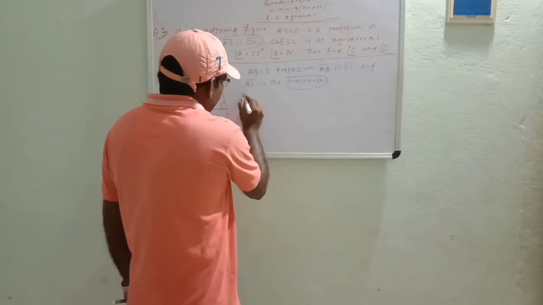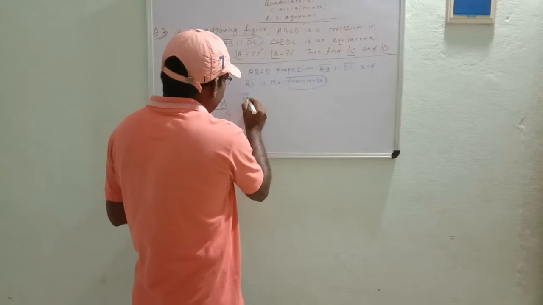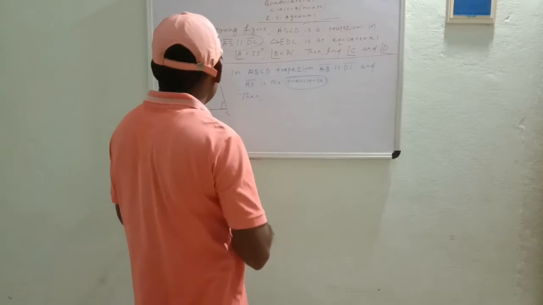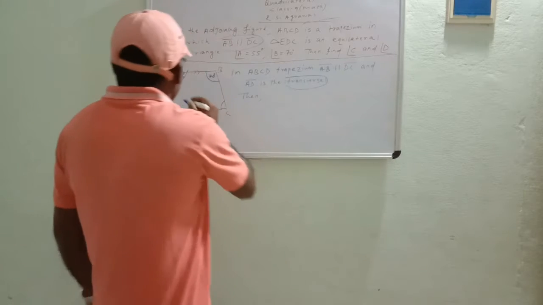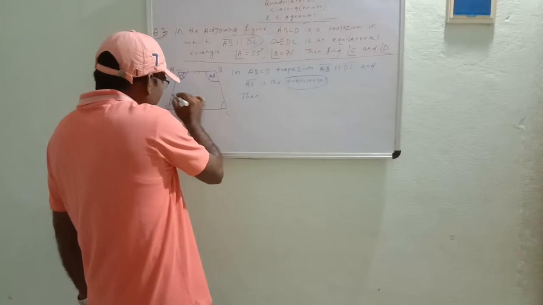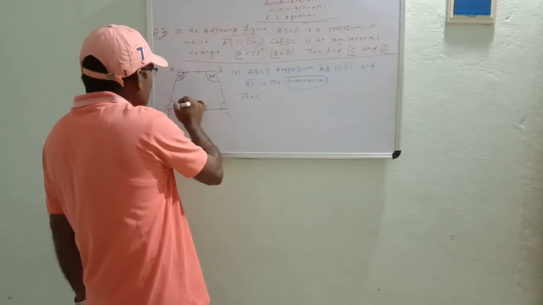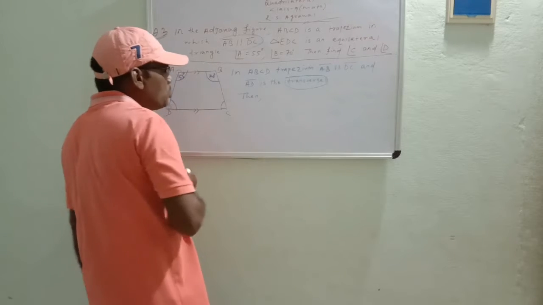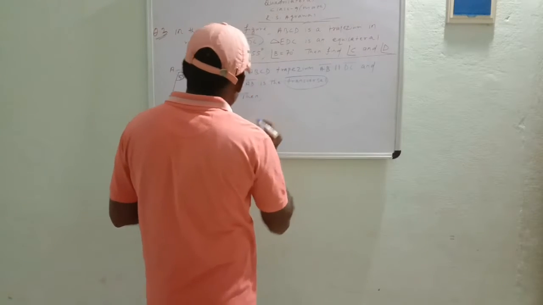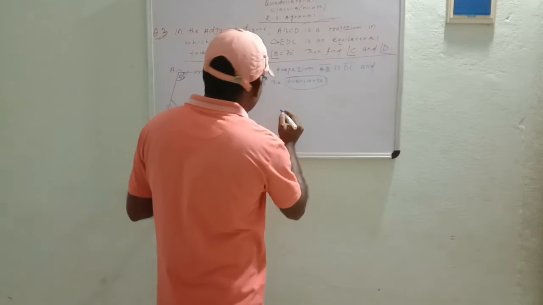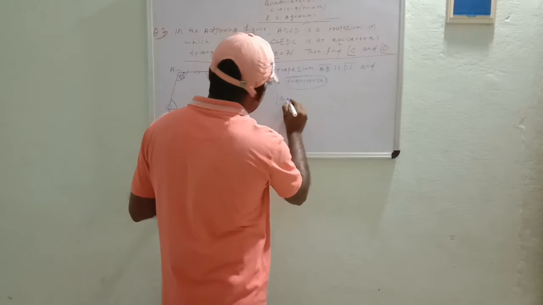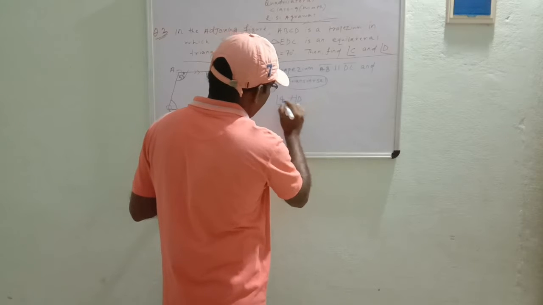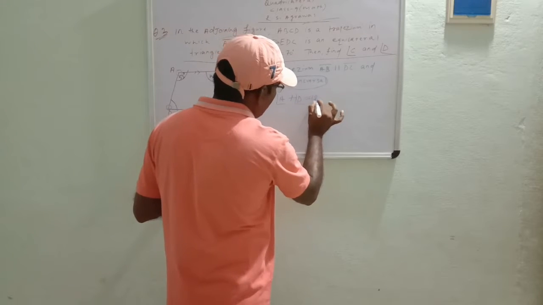Then we can say that angle A and angle D, the sum of these two angles will be 180. The reason is that angle A plus angle D is equal to 180.